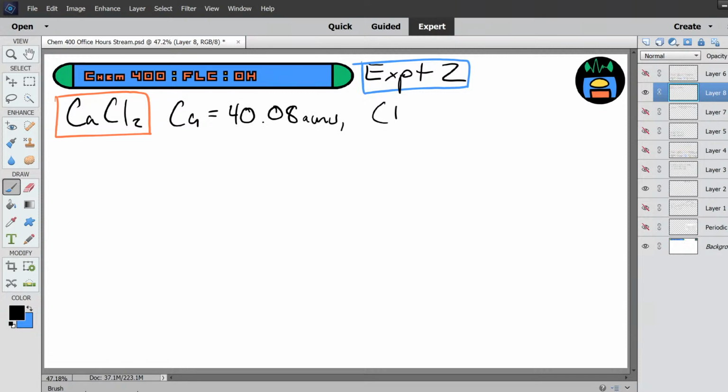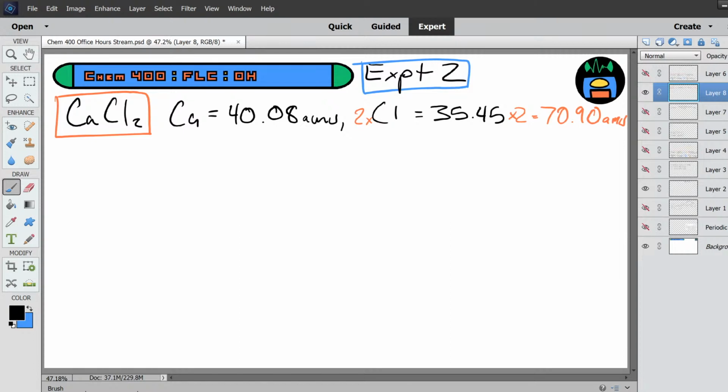Chlorine has an atomic mass of 35.45, but here we're dealing with two of them. So that'll be 70.90 AMU is the atomic mass of two chlorines. Okay, solid, Rachel. Totally solid. And yeah, if you double check and it comes out the same as what you already had, you can be confident that you nailed it.